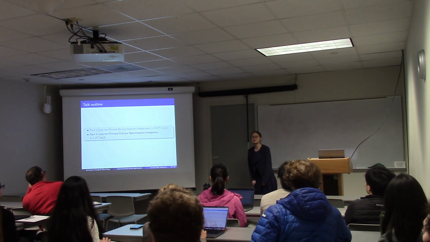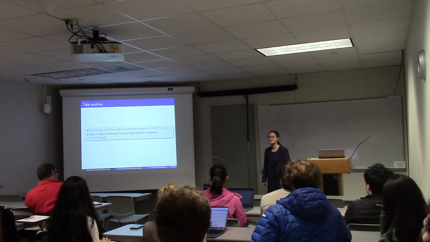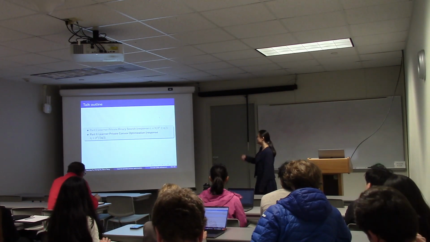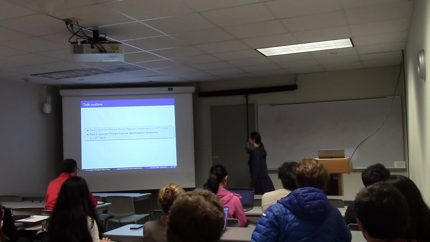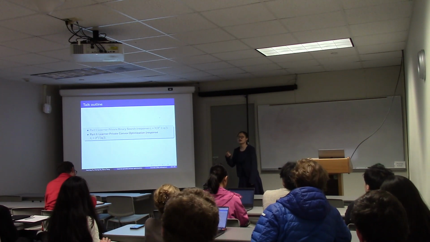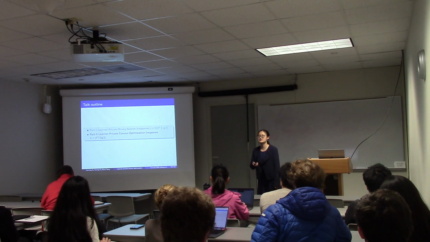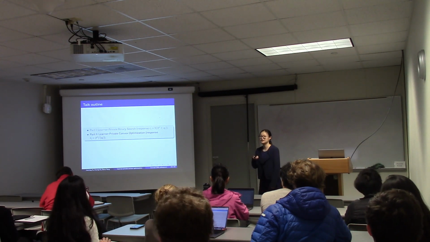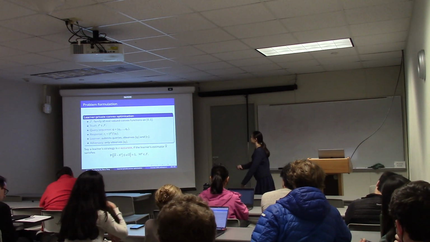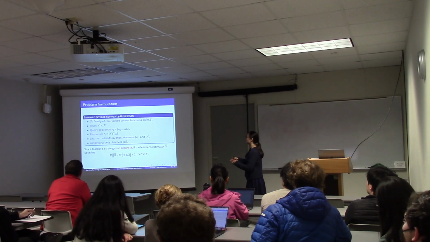Okay, so now I would like to move on to the second part of the talk, which is, suppose instead of observing the binary responses, we are actually trying to optimize a convex function, and the response now is the gradient of the unknown convex function. Again, this is the problem formulation.